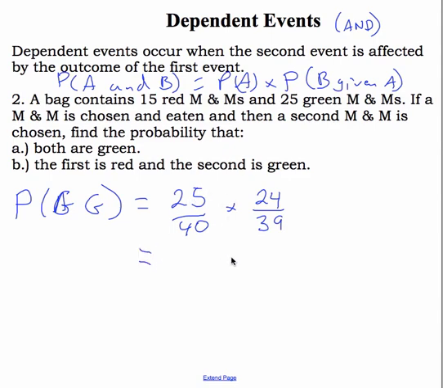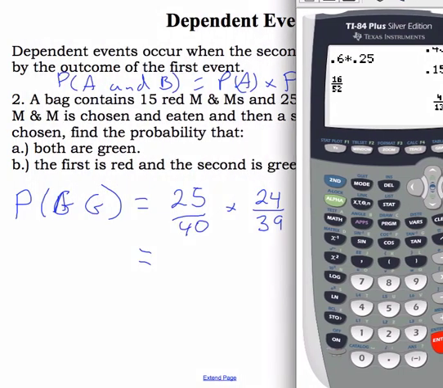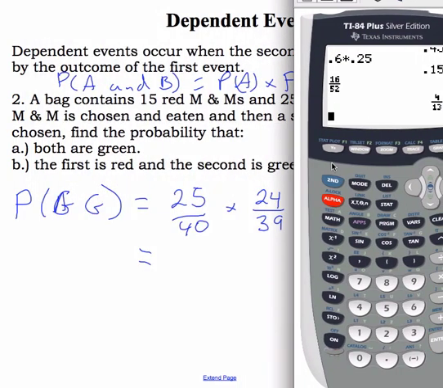I could do some simplifying before I multiply. I could do that on the calculator too. Let me show that before I do it by hand. So I could just go to alpha, y equals, and we can do 25 out of 40 times, and I do alpha, y equals, pick the first one, 24 out of 39.